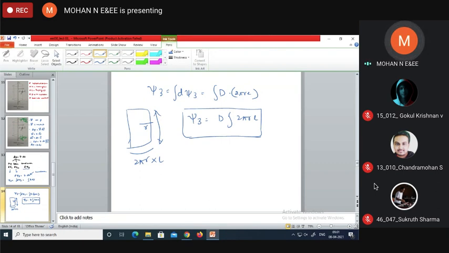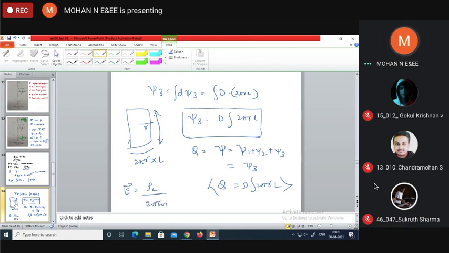If you use this to find, for example, Gauss law, your Q will be equal to phi, and that phi will be equal to psi 1 plus psi 2 plus psi 3, and this is equal to d into 2 pi RL, and this will be equal to Q. If you use this and simplify, you will get E as rho L by 2 pi epsilon r into a r cap.